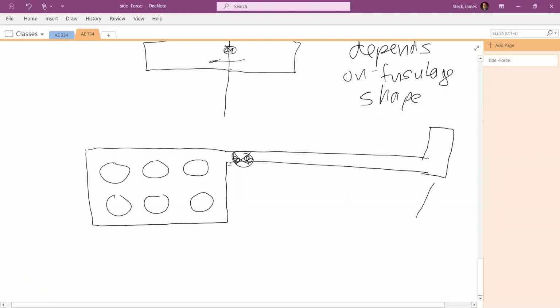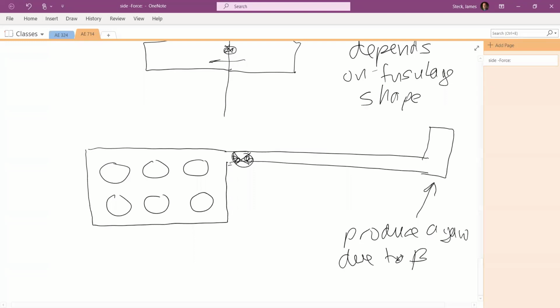And the vertical tail is going to produce a yaw in a side slip, to yaw the airplane back into the side slip, right? We want the yawing moment generated about the CG to be like this, positive yawing moment, because if you get a side slip coming in this way, if you yaw that direction, you eliminate the side slip, right?